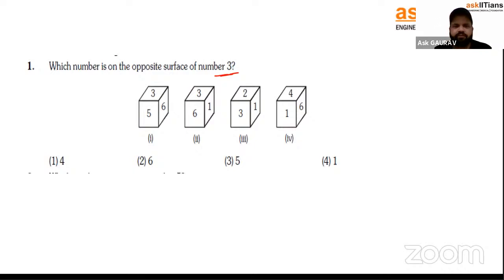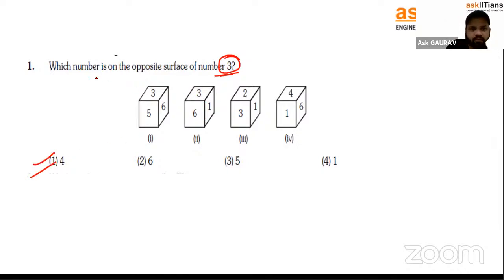If 3 is on the top, what should be there at the bottom? 4 different positions of dice are given. The answer is option 1. It's 4.